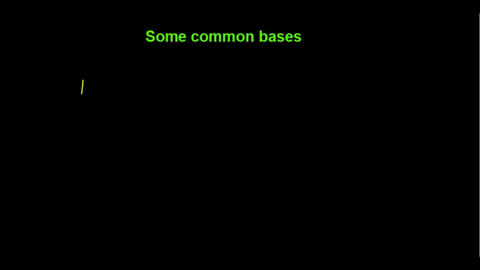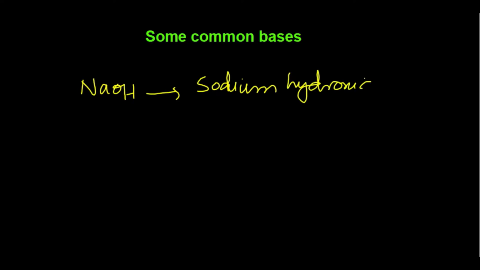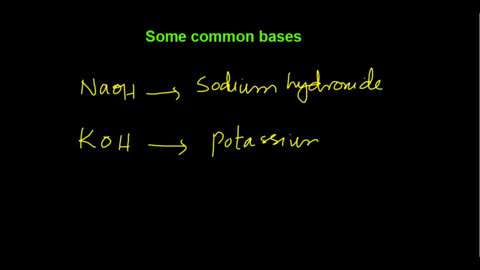For example, the first important example is NaOH. NaOH is known as sodium hydroxide. Similarly, another important base is KOH. KOH is known as potassium hydroxide. Right, students, we will see some more examples of bases.